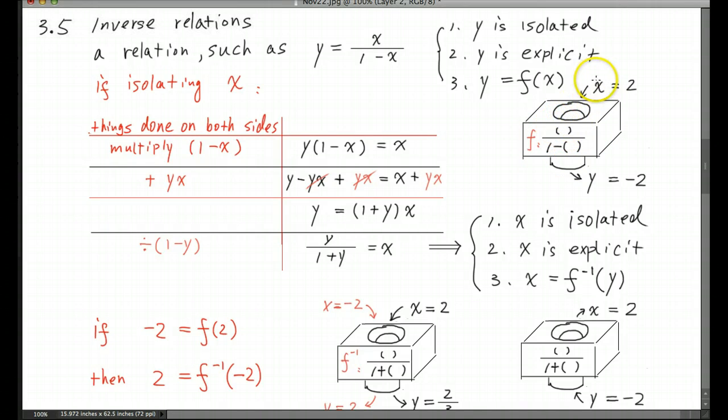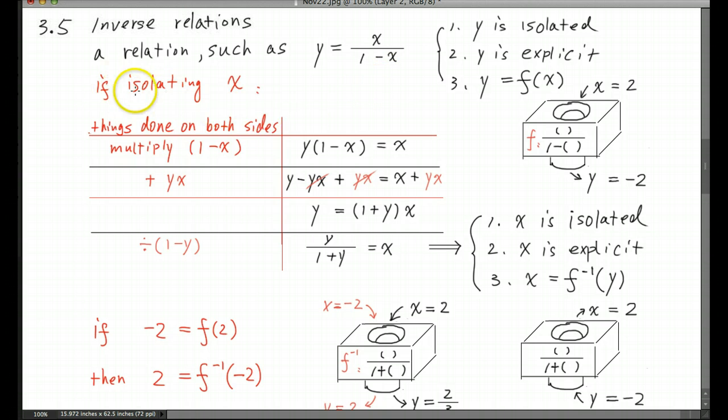If you drop in a number, say x equals 2, the 2 will go into all the brackets here. So you can do the calculation 2 divided by 1 minus 2, and you should get negative 2. So that's your product, just like a machine. That's for the original function, y equals x over 1 minus x.